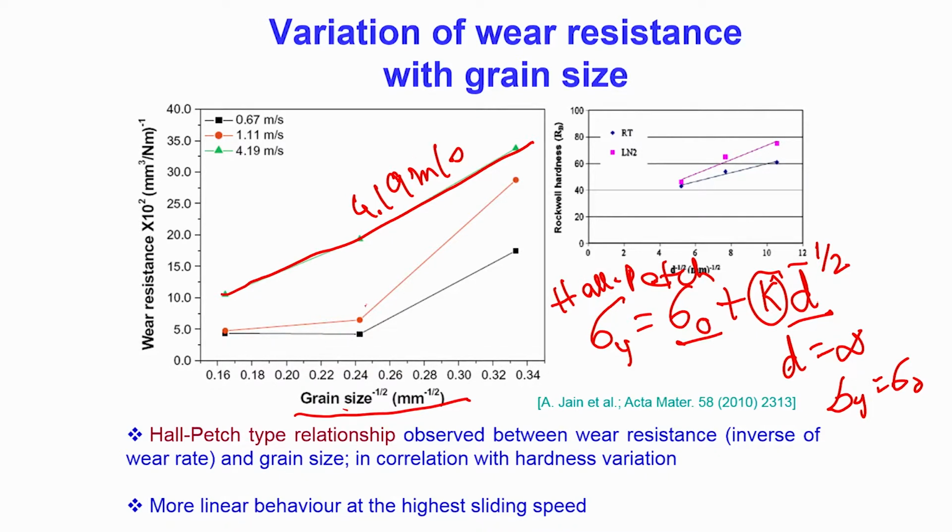This relationship is also valid at 1.11 meters per second and 0.67 meters per second, but this linear relationship between wear resistance and grain size to the power minus 1 by 2 is by far most significant at the higher sliding speed, because in these 2 data points you do not see much increase, but as you go to the higher value of grain size to the power minus 1 by 2, we do notice that wear resistance increases.